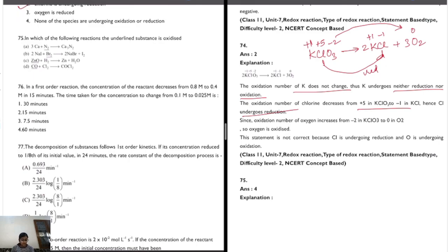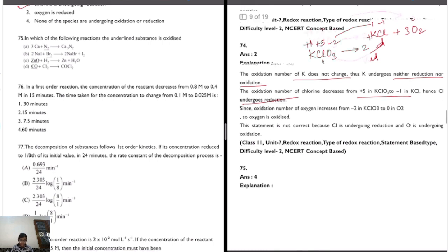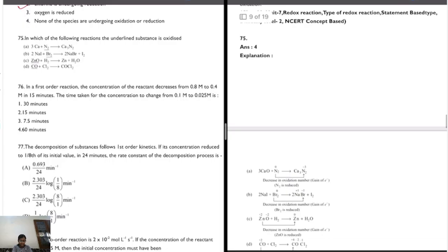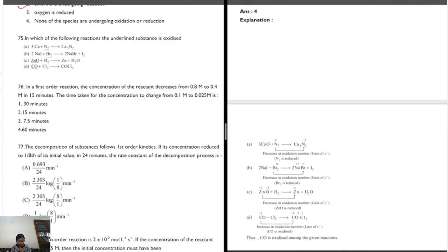In the next question, in which of the following reactions is the underlined substance oxidized? We have to tell which underlined substance is oxidized. Okay, so see in this reaction, here the oxidation state is 0, here it is -3. Therefore, it is reduced.